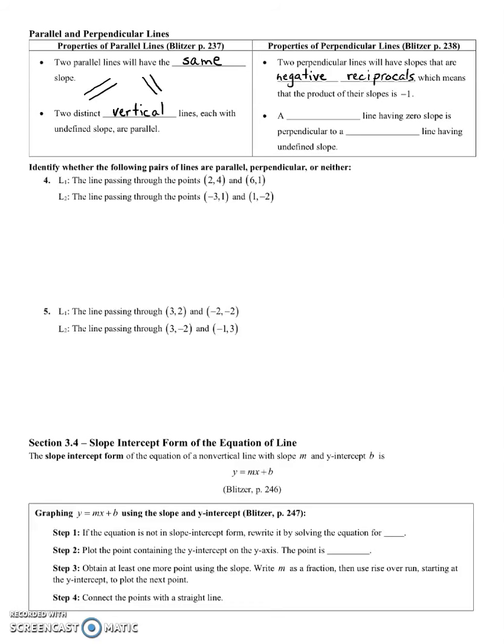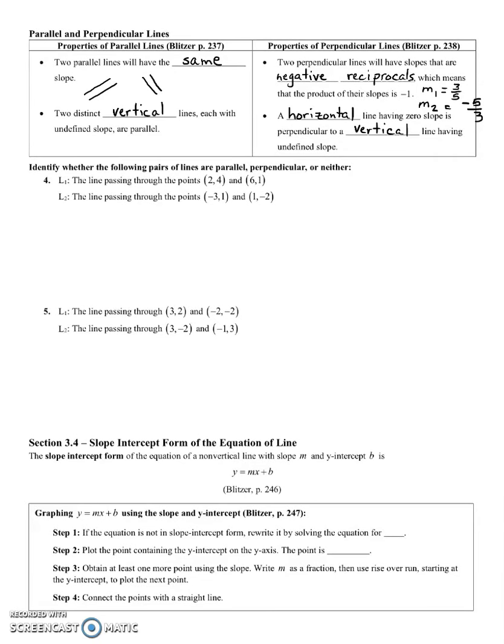So for example, if one of them has a slope of 3/5, then the line perpendicular to it will have a slope of -5/3. So the only other thing is a horizontal line, which has slope of 0, is perpendicular to a vertical line that has an undefined slope.